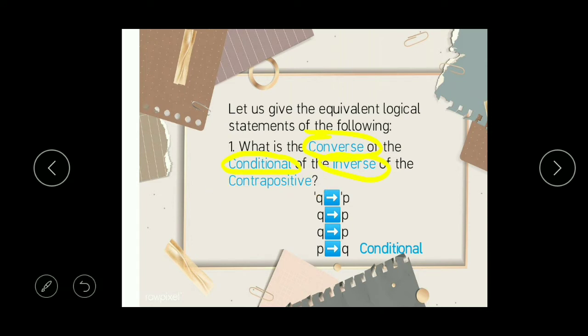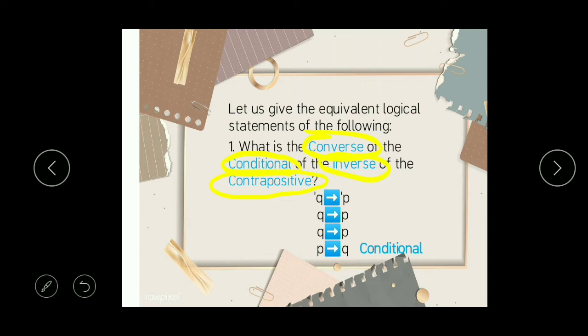First, we are going to identify. And the second step is that we are going to start from the last. In our given problem, we have four logical statements: the converse, the conditional, the inverse, and the contrapositive.